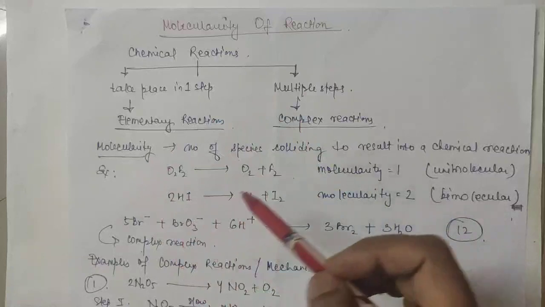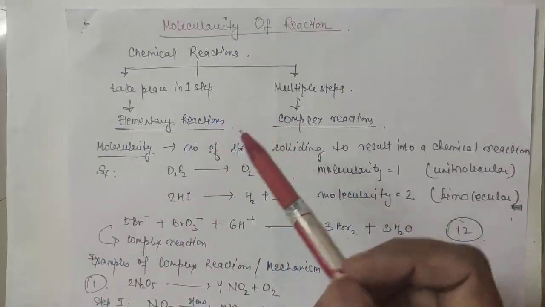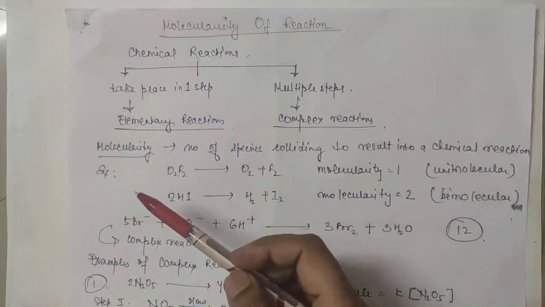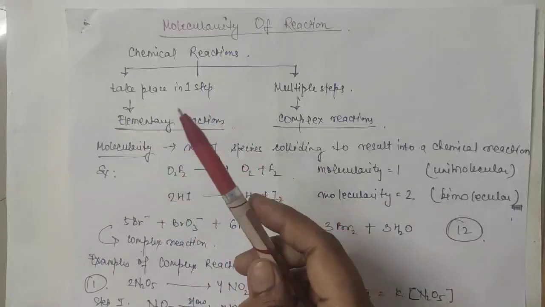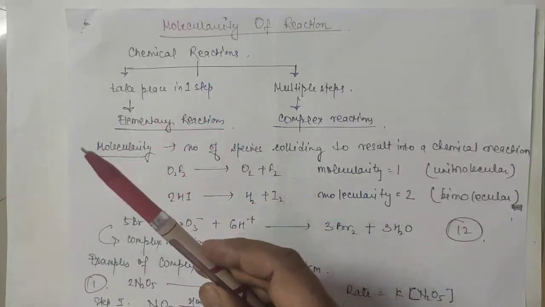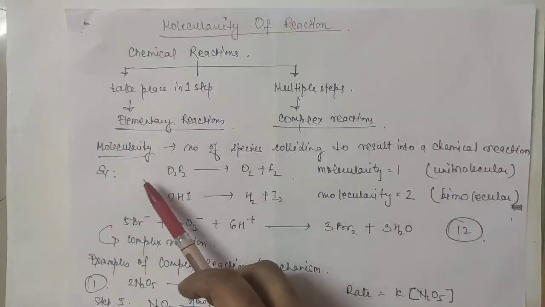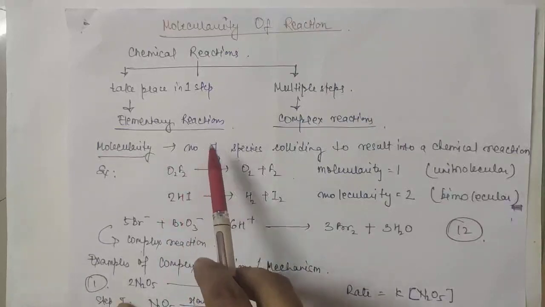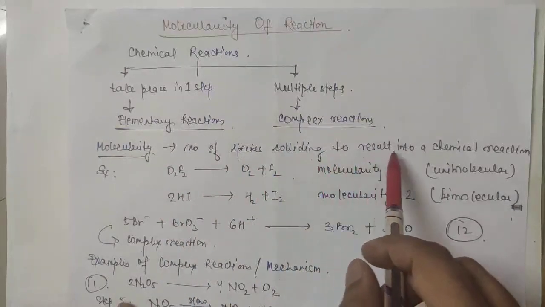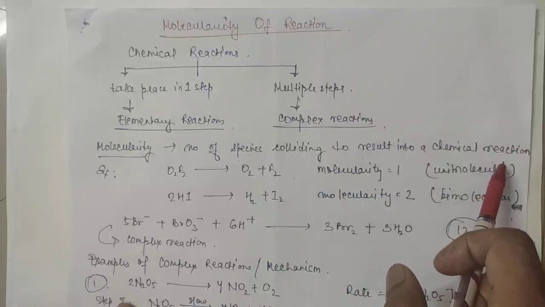So the number of molecules that are coming close to each other and colliding simultaneously is the molecularity of that reaction.